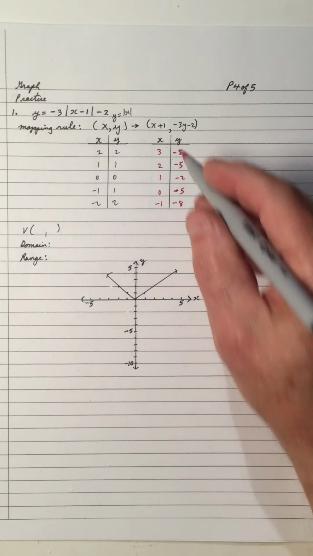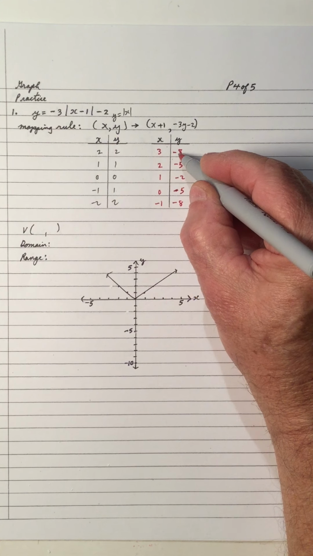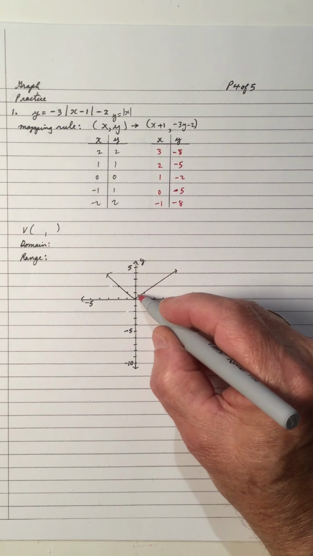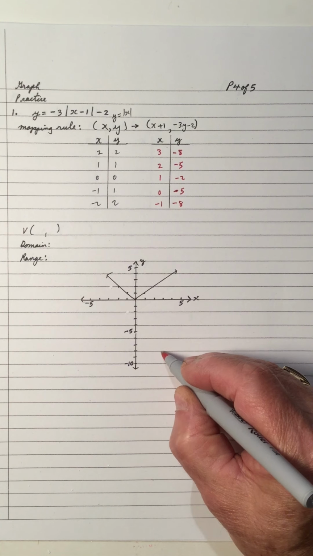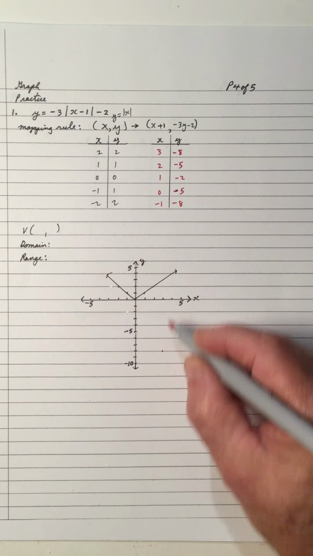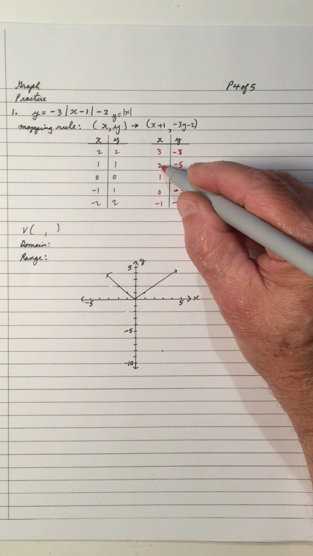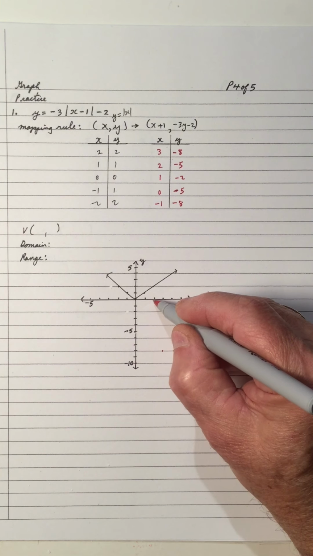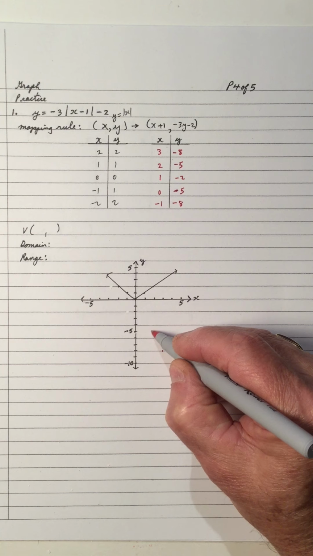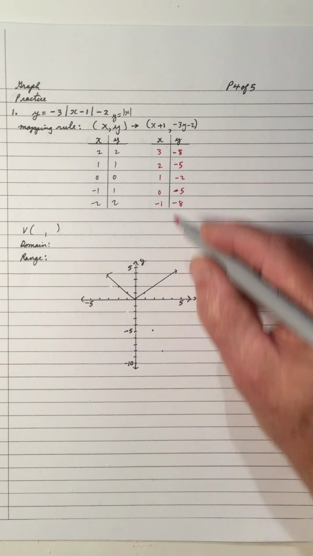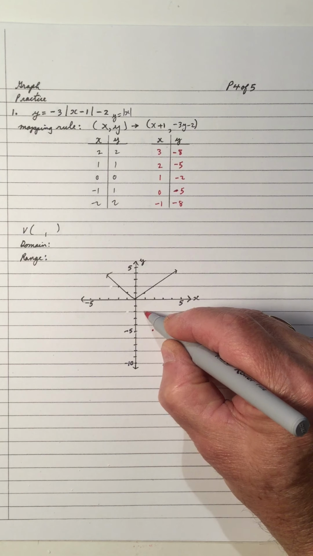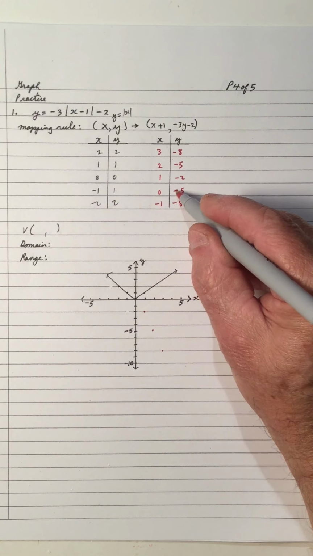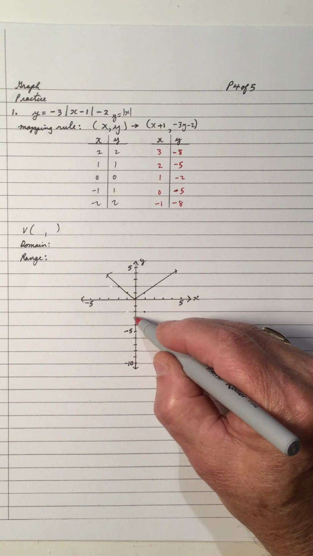So here I go. 3 gives me a negative 8. X is 3, negative 8. Way down here. 2, negative 5. Right here. 1, negative 2. 0, negative 5.